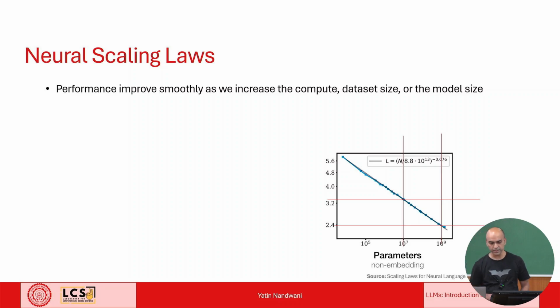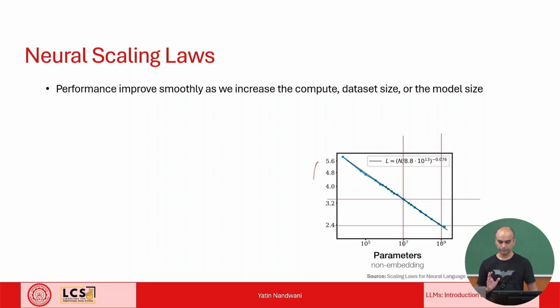In this graph, on the x-axis you have the number of parameters, and on the y-axis you have the loss. It says that as you increase the number of parameters, your test loss is gradually decreasing, irrespective of the model. Here, you are not restricted by the data size and the compute.